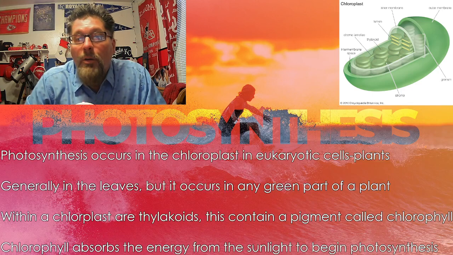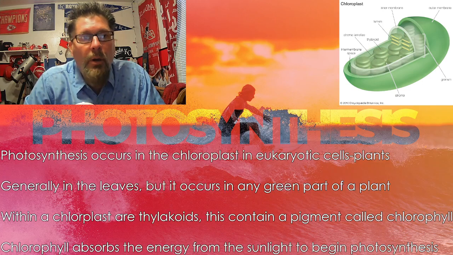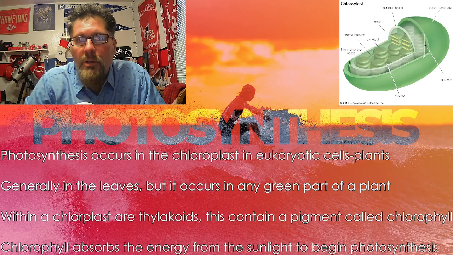All right, so the chloroplast is going to be another topic that we look at and really break down. The chloroplast, as we know from our organelles in chapter 4, is the site of photosynthesis.